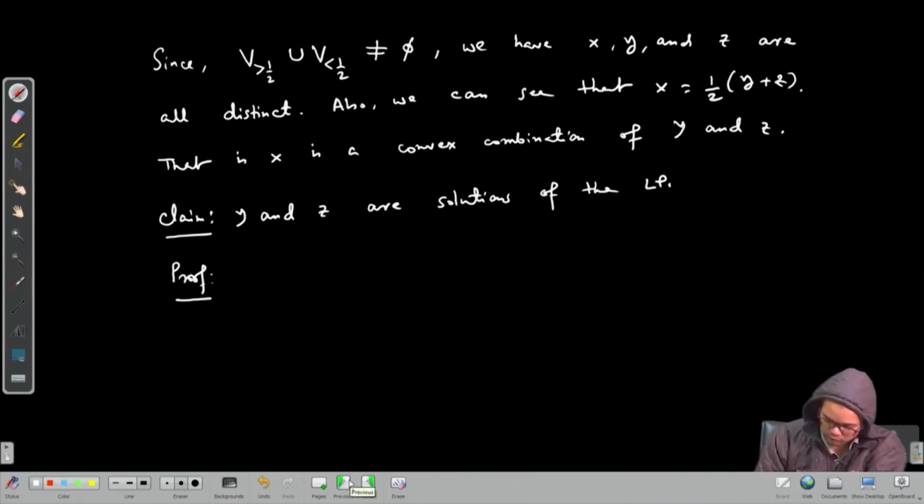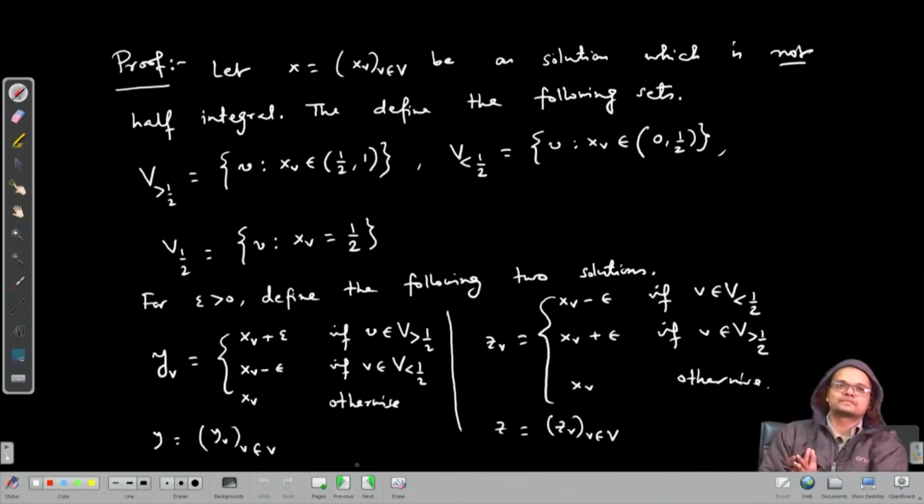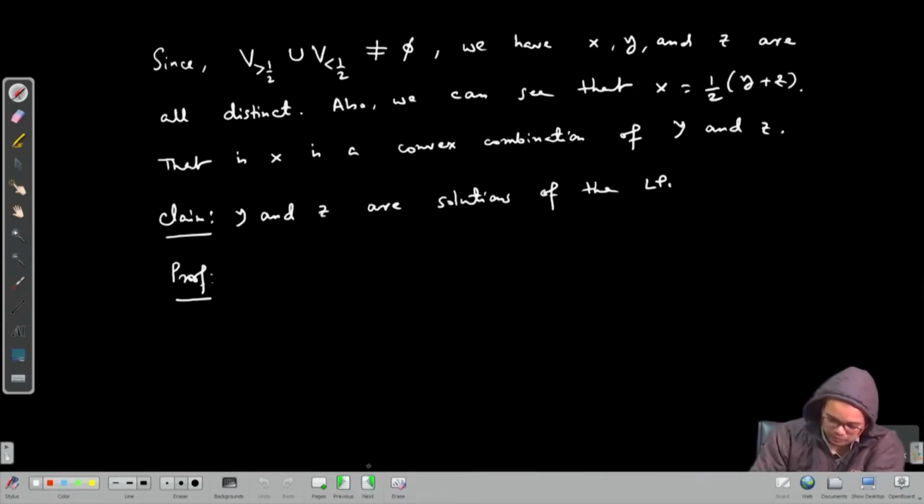First, observe that we can choose epsilon small enough so that after this addition and subtraction of epsilon, these vertices remain in their corresponding sets.